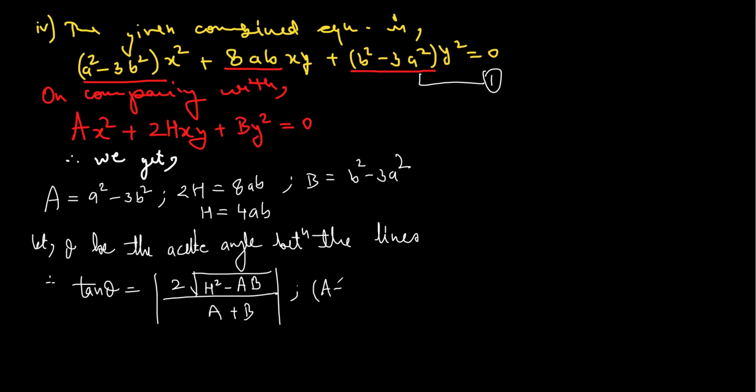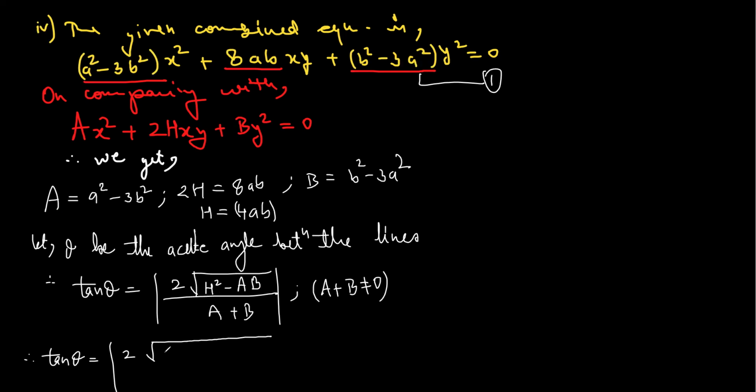so I will write, therefore tan of theta is mod of 2 root of H square.